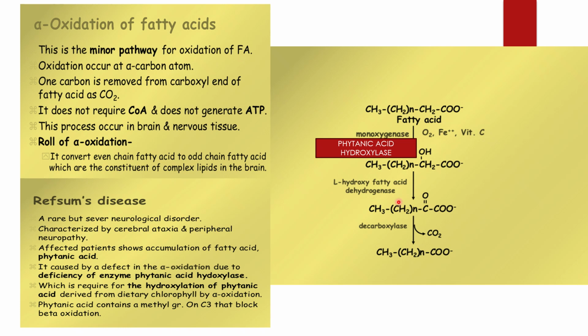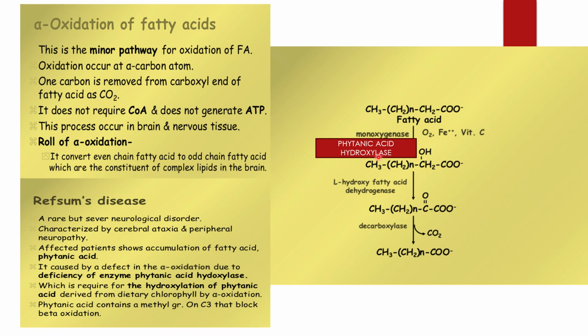Refsum's disease is a rare but severe neurological disorder characterized by cerebellar ataxia and peripheral neuropathy. The affected patients show accumulation of fatty acids, especially phytanic acid, which is abundantly present in green leafy vegetables and milk. It is caused by a defect in alpha oxidation due to the deficiency of the enzyme phytanic acid hydroxylase.